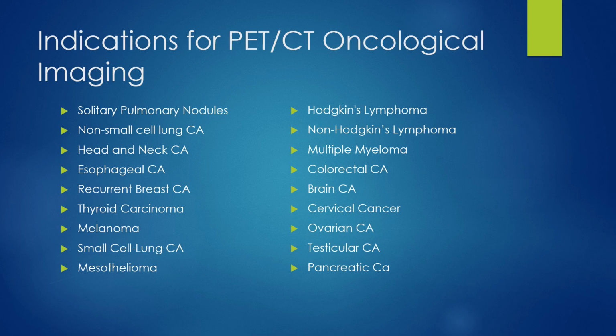So the ones that you'll see most commonly are solitary pulmonary nodules, non-small cell lung cancer, thyroid carcinomas, Hodgkin's and non-Hodgkin's lymphoma, multiple myeloma, of course, GI cancers like esophageal or colorectal cancer, even gastric cancer, genitourinary cancers like renal cancer, cervical cancer, ovarian, testicular, pancreatic cancer, of course, will show up as well.